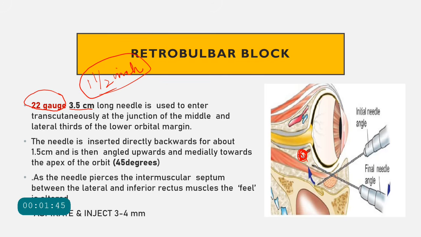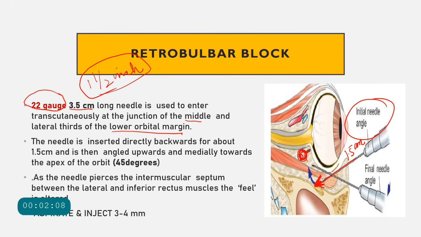The site of entry for the retrobulbar block is the same, the junction of the middle and the lateral third of the lower orbital margin. But initially you enter like this, backwards, for about 1.5 centimeters of your needle.